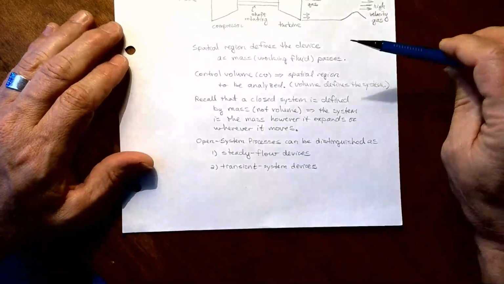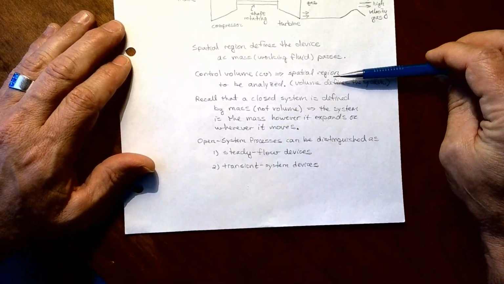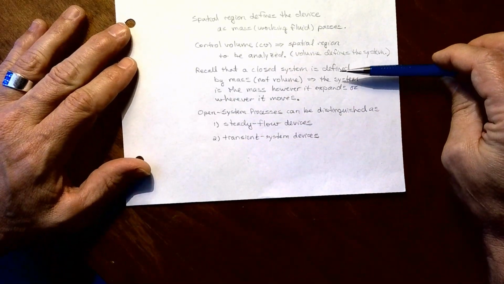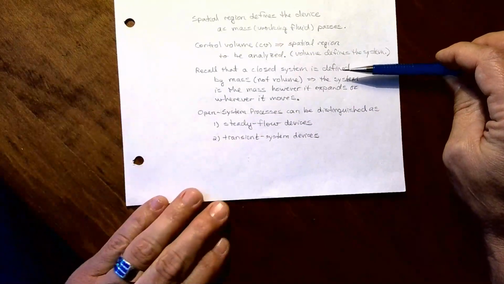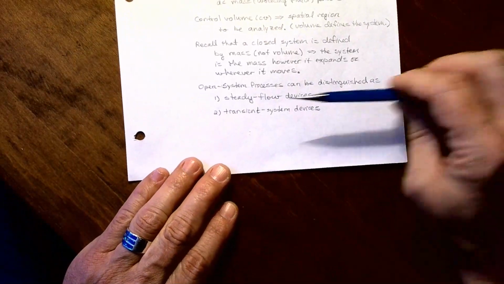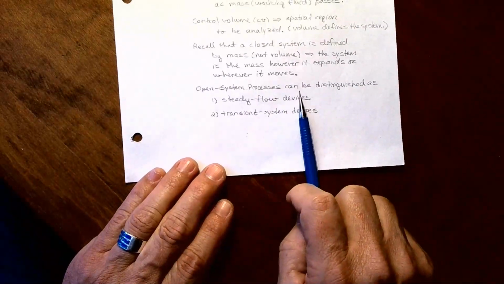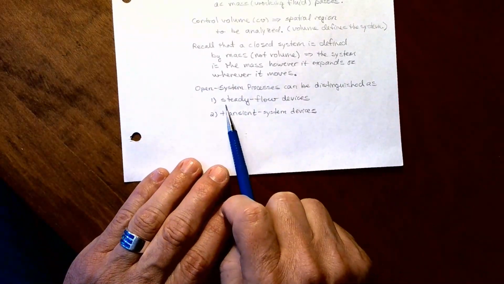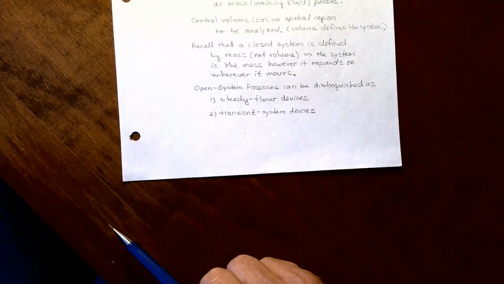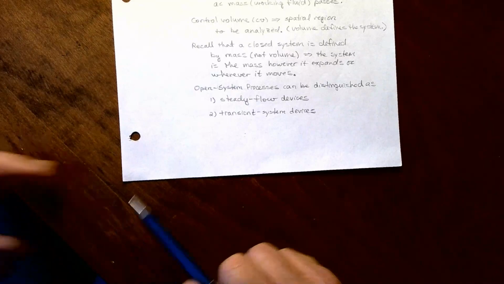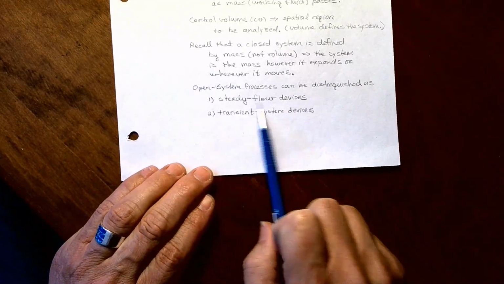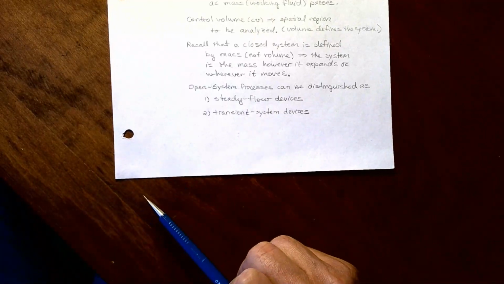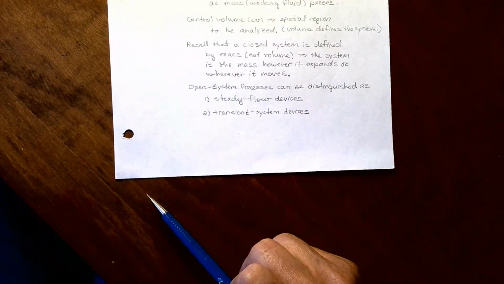Okay, so we've already mentioned the spatial perspective that we're now going to consider. For open system processes, which is our control volume approach, we have two really different perspectives that we can use to analyze the system. One is to treat the device as a steady flow device, which means everything is happening at an even or constant rate.